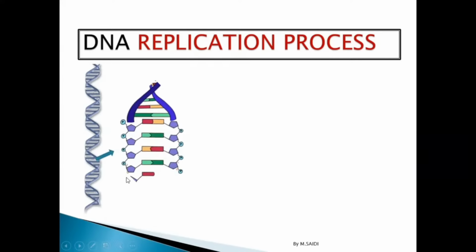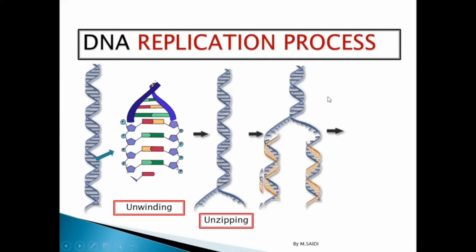When they arrange, they form another strand. This strand must be complementary to this strand. So I have the new strand and the original strand, and what is on the new DNA must be exactly the same as the previous DNA.